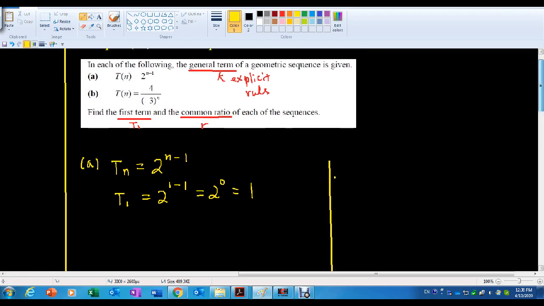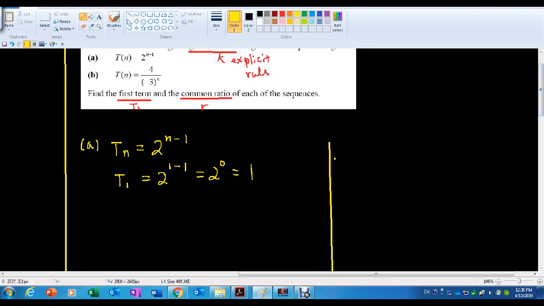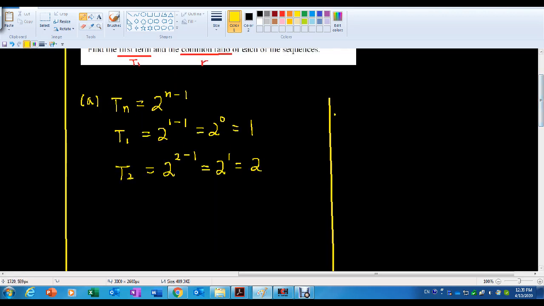How could we find the common ratio? What do we mean by the common ratio? The common ratio can always be found by using the term divided by its previous term, right? We've already got T1, so let's find T2. For T2, you just substitute 2 into n, and you get 2 to the power 1, which is 2. So T2 equals 2, T1 equals 1.